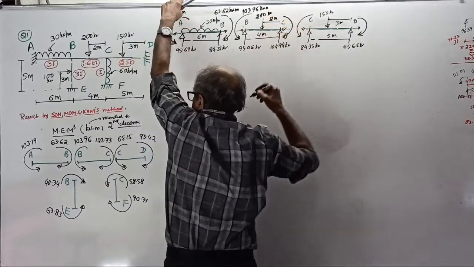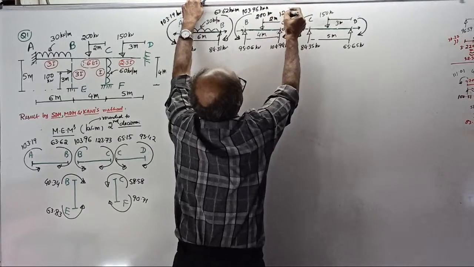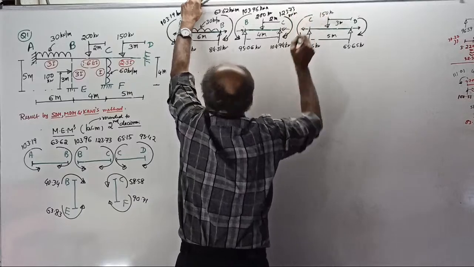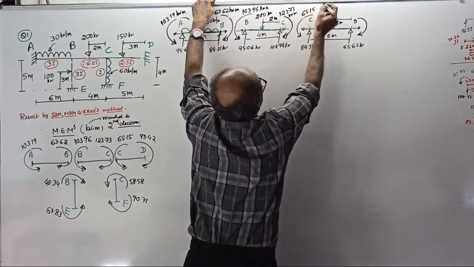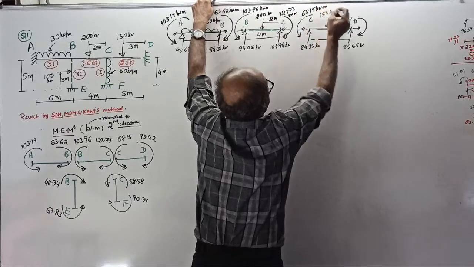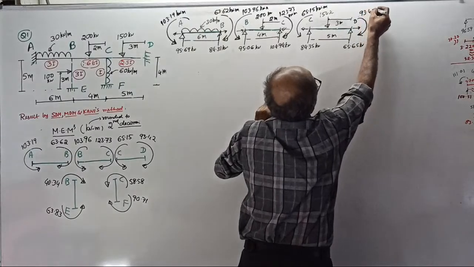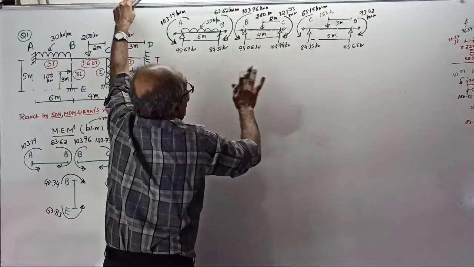This is clockwise of 123.73 kilonewton meter, anti-clockwise of 65.15 kilonewton meter, clockwise of 93.42 kilonewton meter. Okay. This is a free body of all horizontal members.